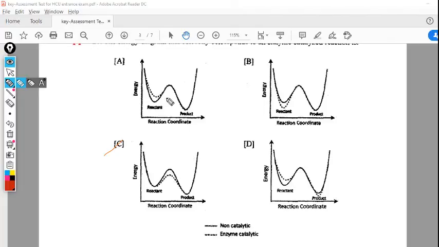The dotted line indicates the enzyme catalyzed reaction, and the thick straight line indicates the non-catalyzed one. It will not affect the equilibrium of the reactant, nor of the product, but it will affect the energy of the intermediate or activated complex. This is from the activated complex theory, and applies to catalyzed reactions also. Okay, next.